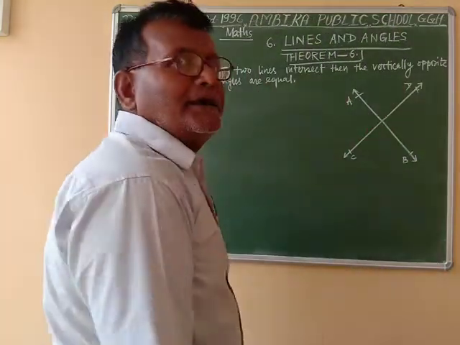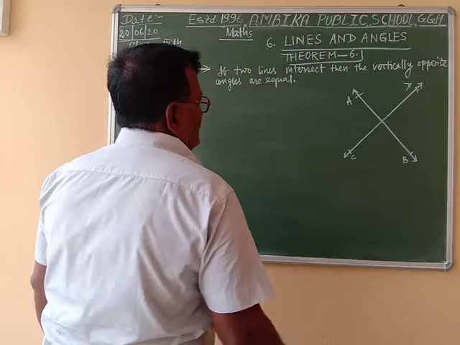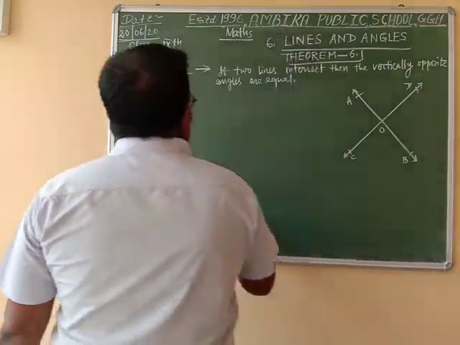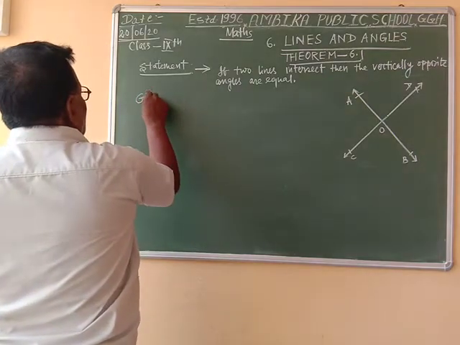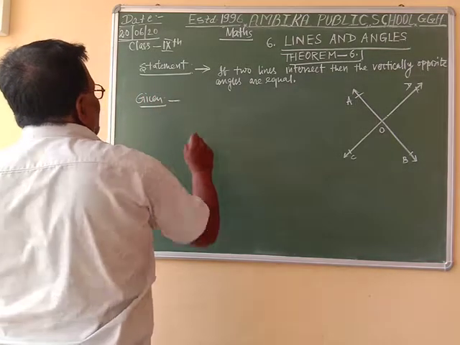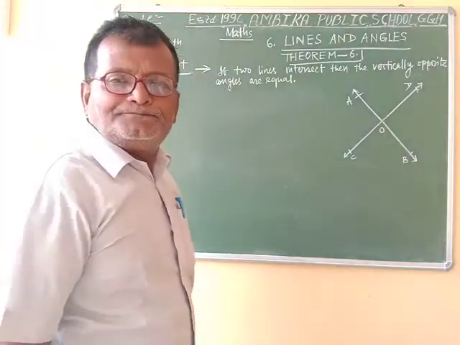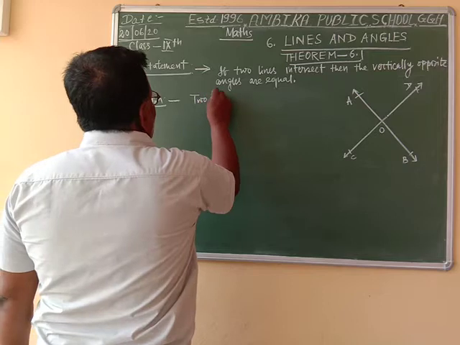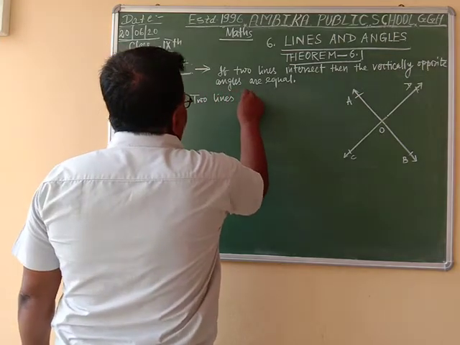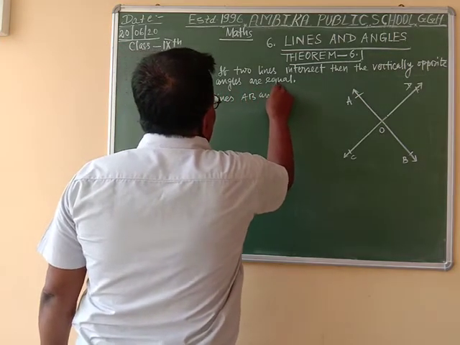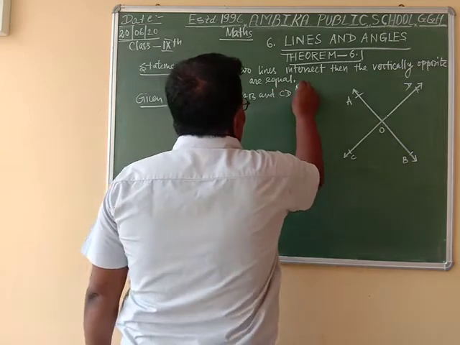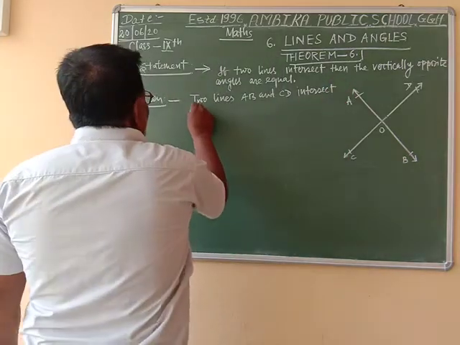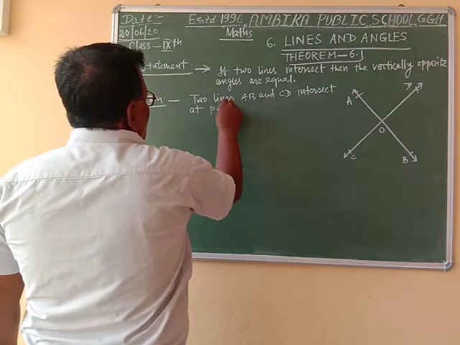Let two lines AB and CD intersect at point O. Given: two lines AB and CD intersect at point O.